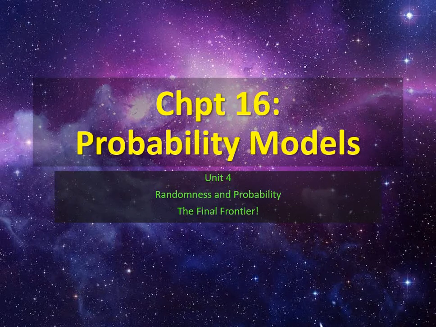All right. So this unit is about probability models. We started talking about what it meant to be Bernoulli: success or failure, independent trials, and the probability of success staying the same. We talked about the geometric model, but that's not it.